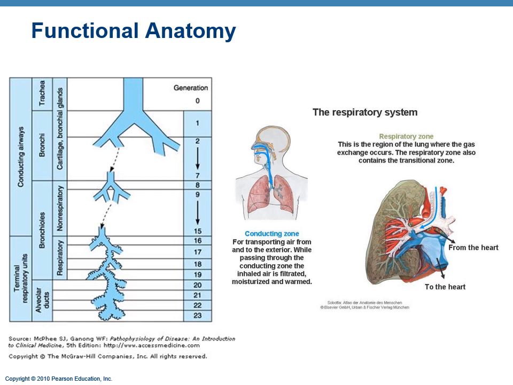No gas exchange takes place in this area with the blood or with the body tissues. Just as the name implies, it's simply for transporting the air in and then cleaning up and moisturizing and warming it. The lower respiratory zone is the region of the lung where the gas exchange actually occurs. The respiratory zone also contains an area known as the transitional zone, moving from the conducting into the respiratory.